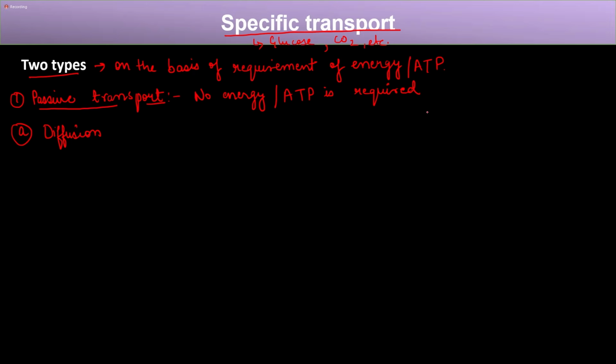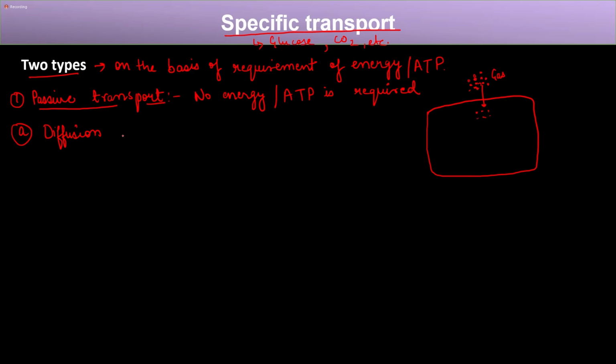Now, what is diffusion? Suppose you have a cell. There is a certain gas whose concentration is high outside and low inside. The gas will simply move from outside to inside across the lipid bilayer. Remember, the plasma membrane is made up of a lipid bilayer, so the gas will easily diffuse through it and go inside.